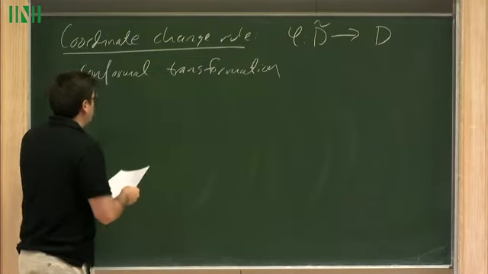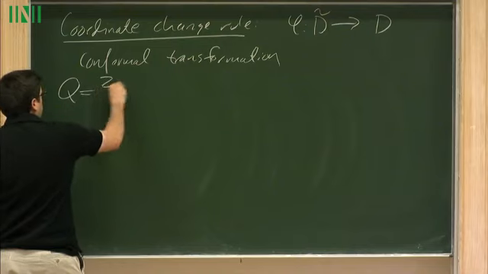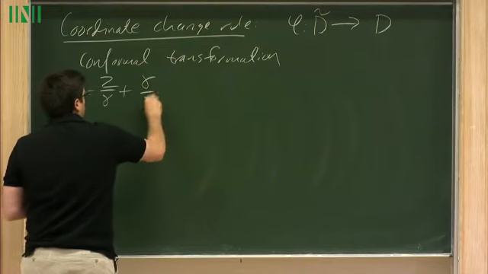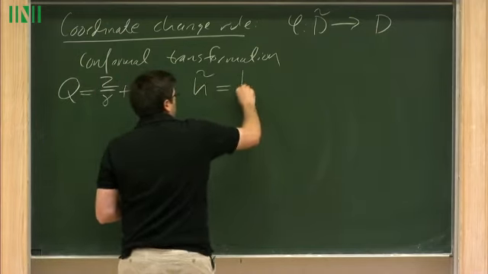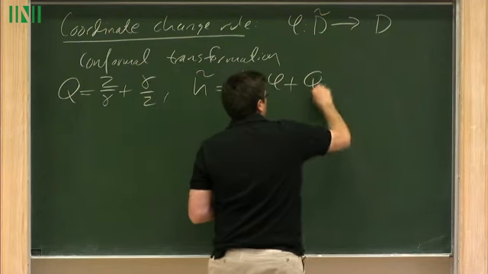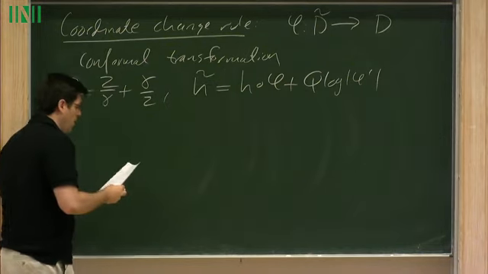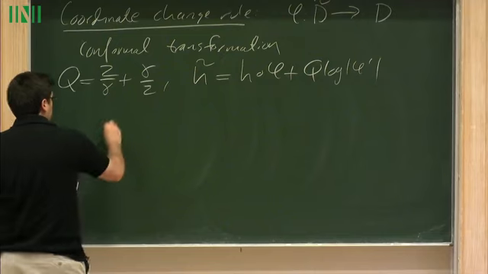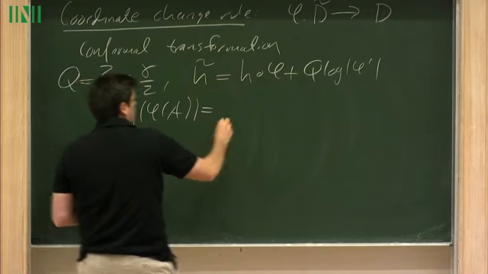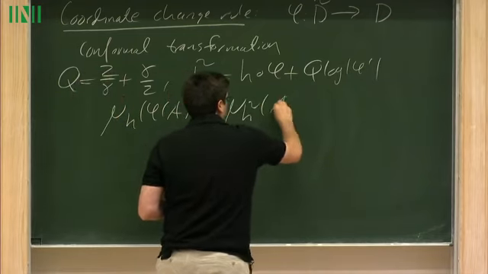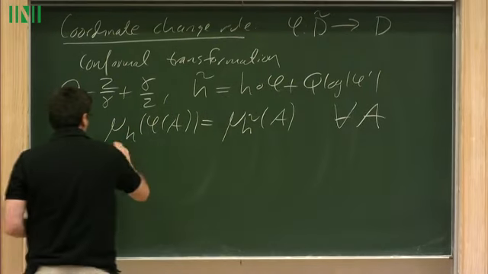And the coordinate change rule says that if you let q be 2 over gamma plus gamma over 2, and you define h tilde to be h composed with phi plus q times the log of phi prime, then what's going to be true is that mu h of phi of A is equal to mu h tilde of A for all sets A, and the same thing for the boundary measure.